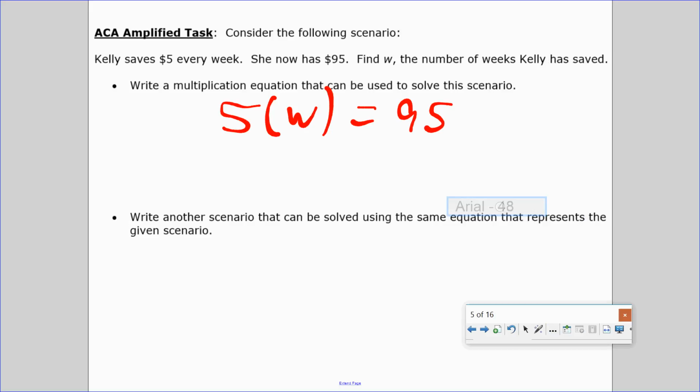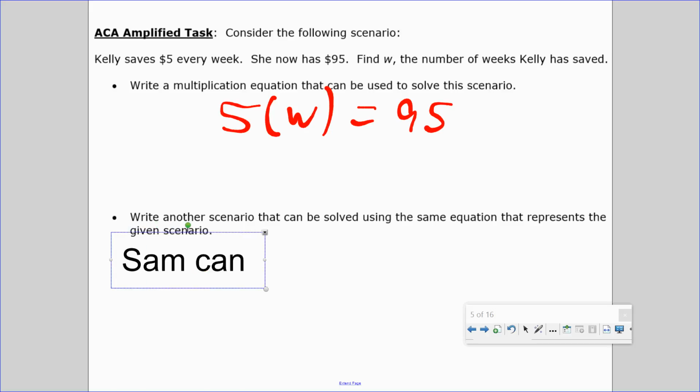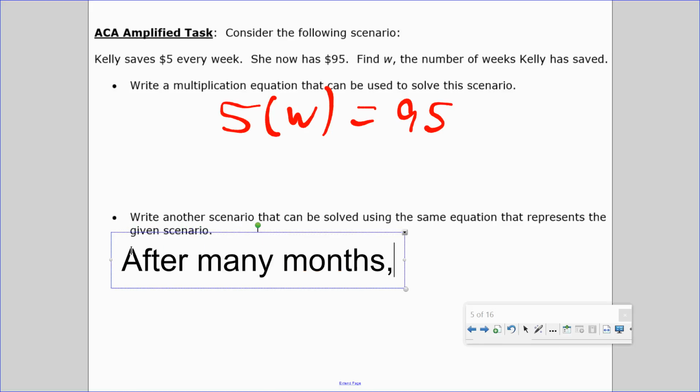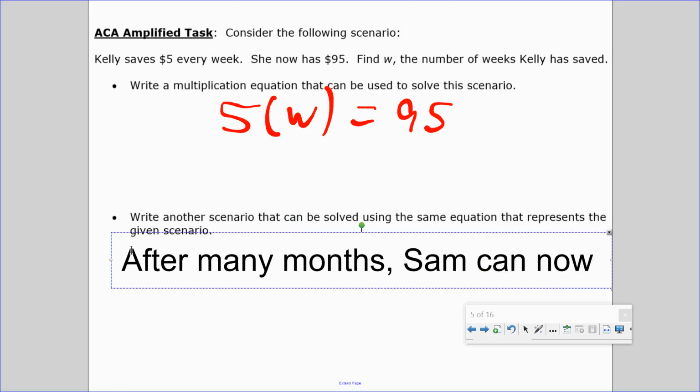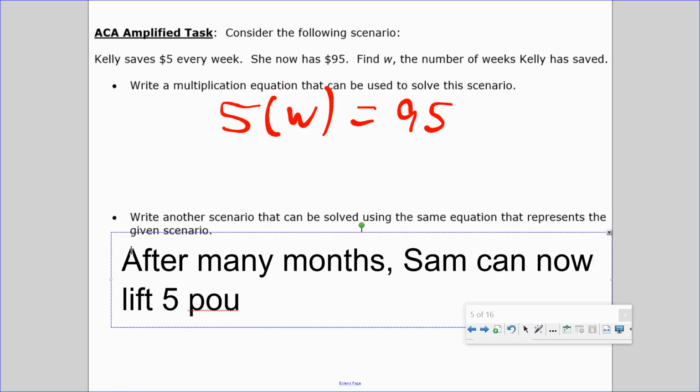Again, I am going to type because I am a faster typer than a writer. Let's use what we used earlier. After many months, Sam can now lift 5 pounds every week.